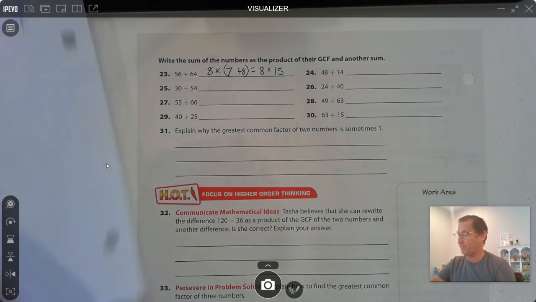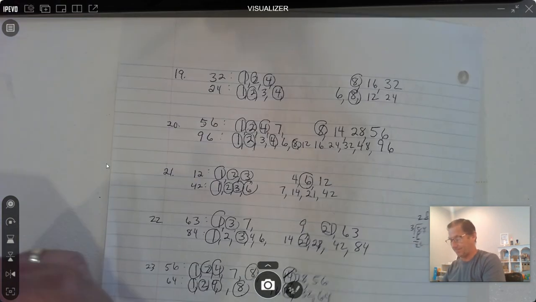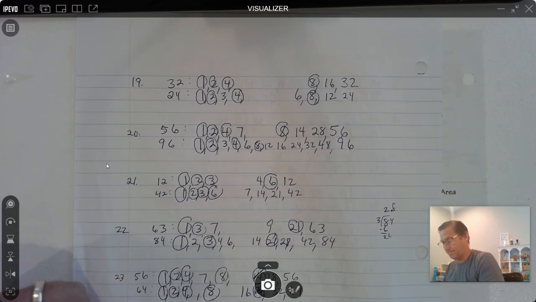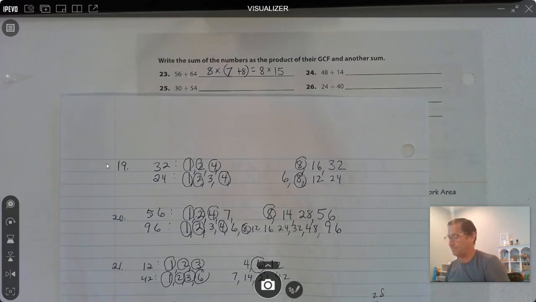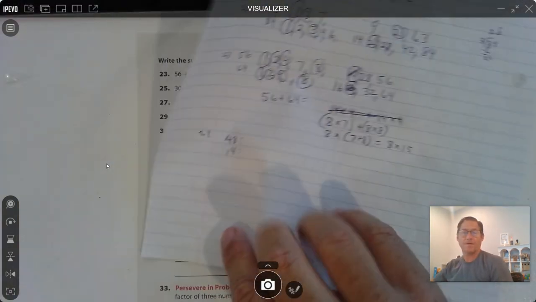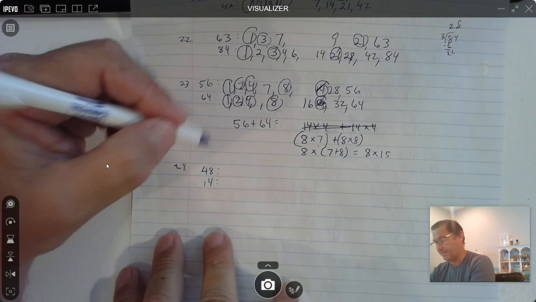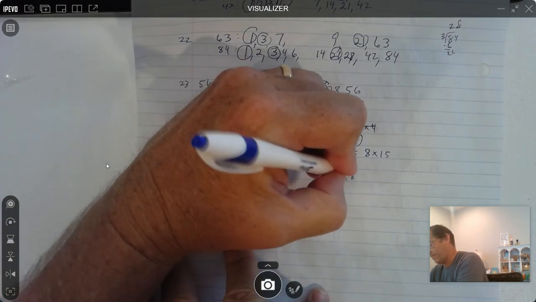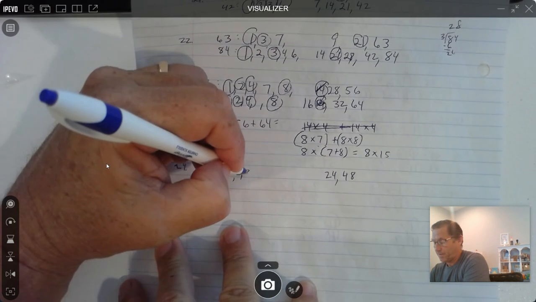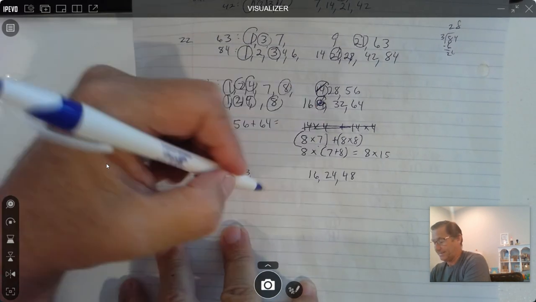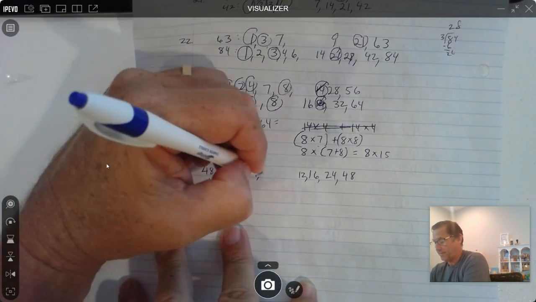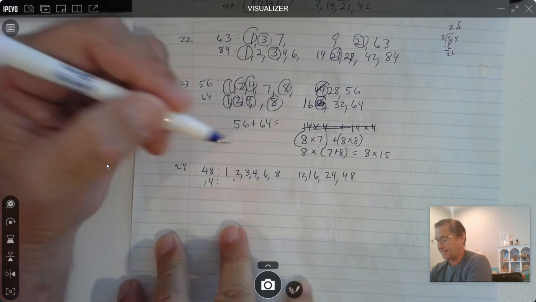All right, 24, 48 and 14. All right, find the greatest common factor of 14 and 48. 1 and 48, 2 and 24, 3 and 16, 4 and 12, 6 and 8.